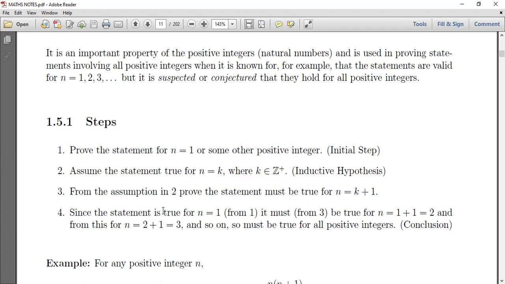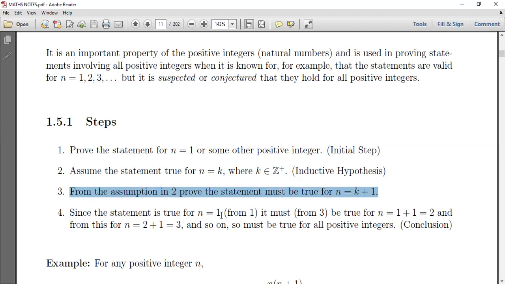Since the statement is true for n equal to 1, then it must be true, from step number 3, because we've shown that it is true for n equal to 1. Then from step number 3, it should be true for n equal to 2, n equal to 3, n equal to 4, because in step number 3 we have shown that it is true for k plus 1.